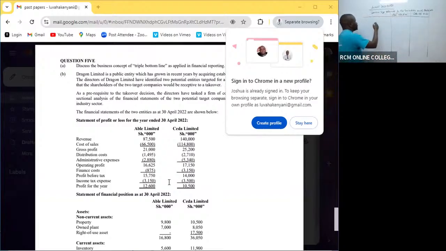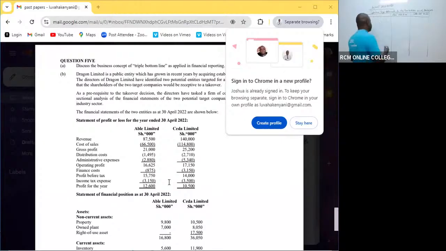So remember what he said: when you're coming up with a common size statement analysis with regard to the income statement, we take the sales or the revenue to be the base. So our sales here will represent 100%.